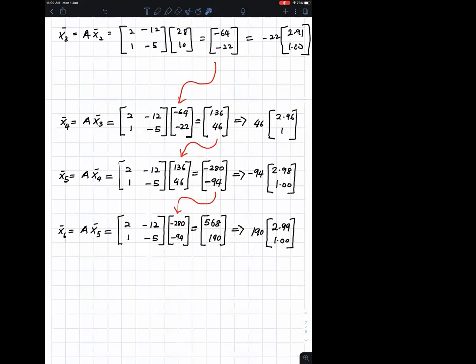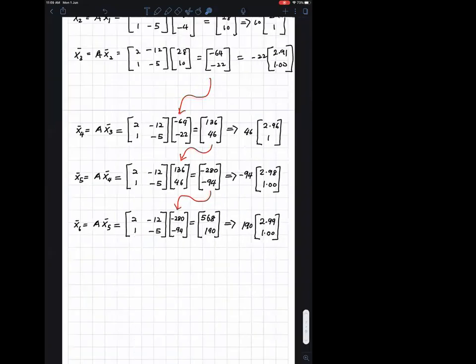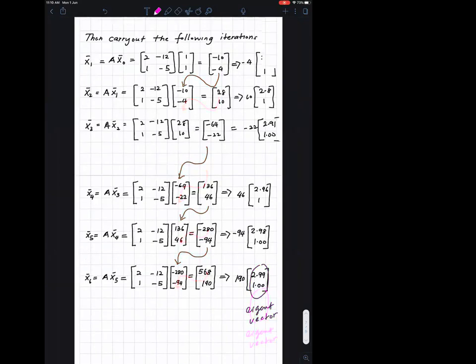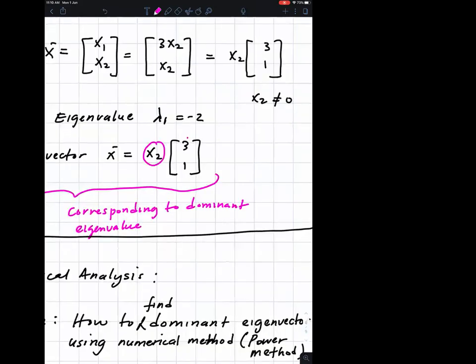Anyway, the idea is that you get the technique. You do this until you converge. And then you can say this is your eigenvector right here. Actually, this is x2, it's outside the eigenvector.